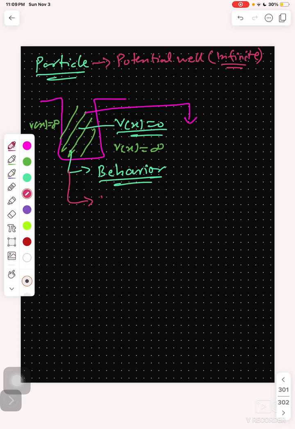We can study the behavior, the energy levels, and the values we get, the eigenvalues.